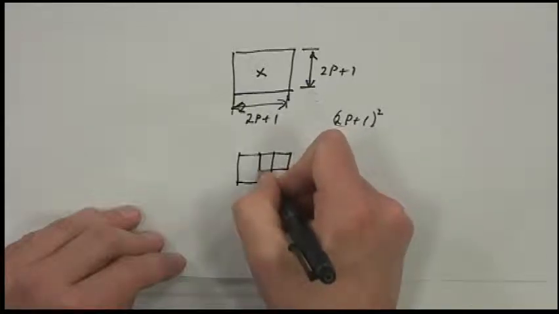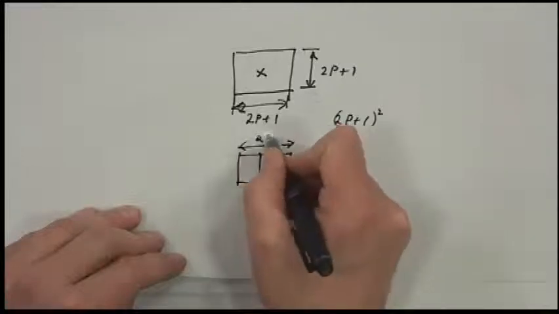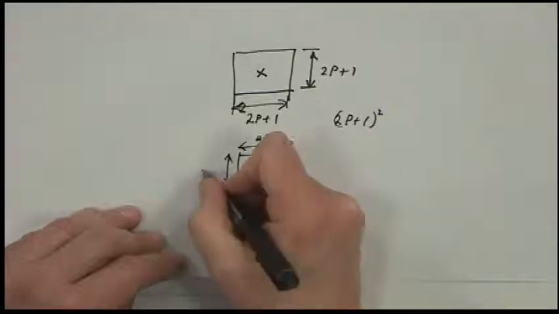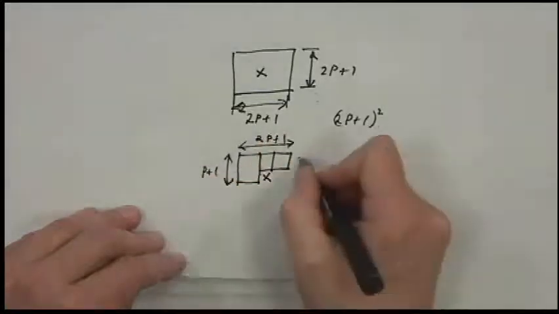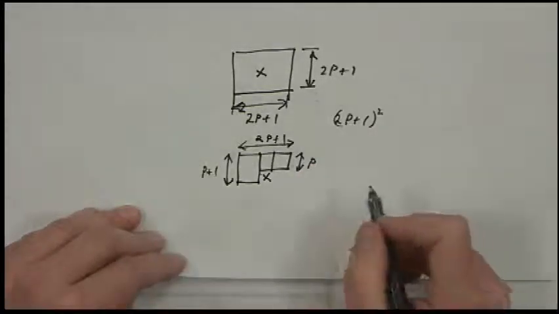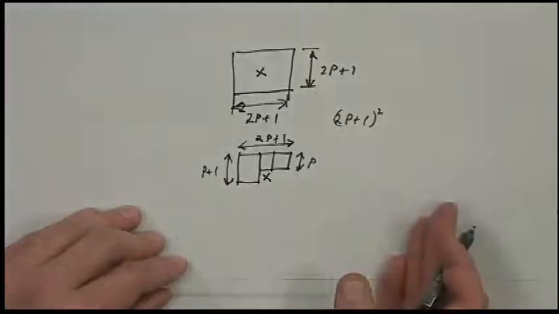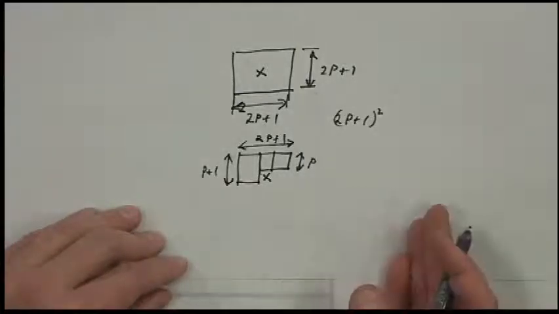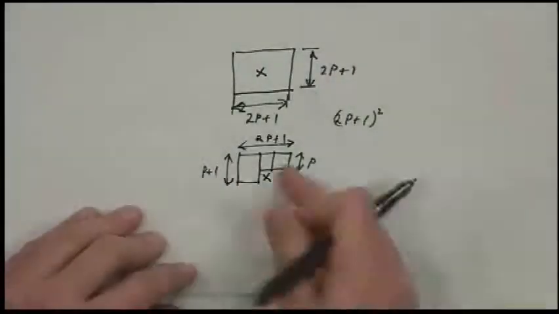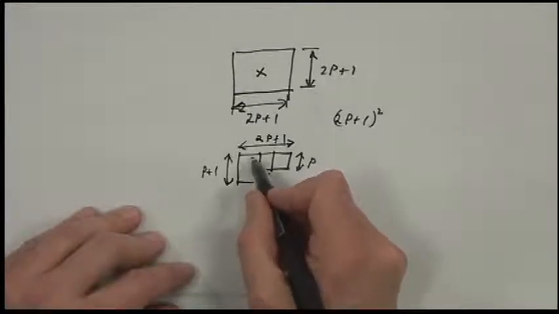This dimension here is 2P plus 1, this dimension here is P plus 1, and this dimension here is P, because you're using P points. It doesn't have to be defined this way, but it's a standard definition. You can really do it any way you want, but using the notation of these sums, this is how it is. And you have to multiply by a value at each of these points here.